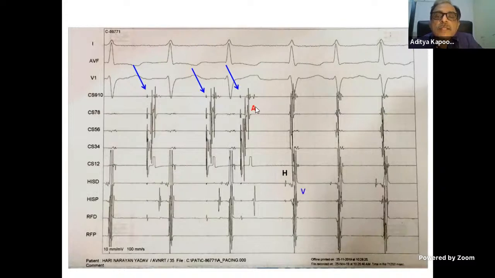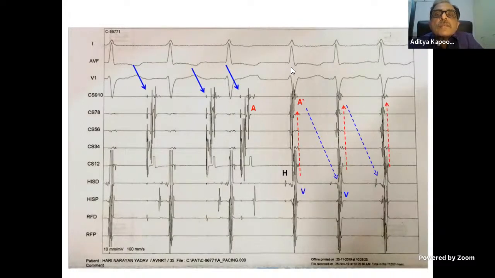You see the duality, A, H, long PR. Surface ECG shows a long PR. And this V now goes quickly by the fast pathway to the atrium and sets up a V on A, or a slow fast AV nodal re-entry tachycardia.